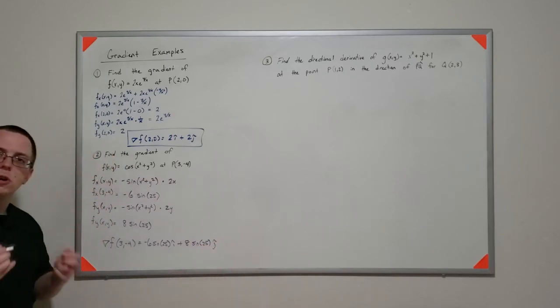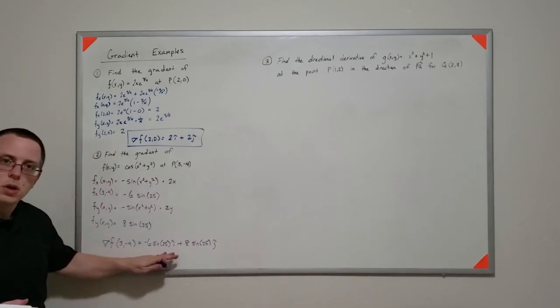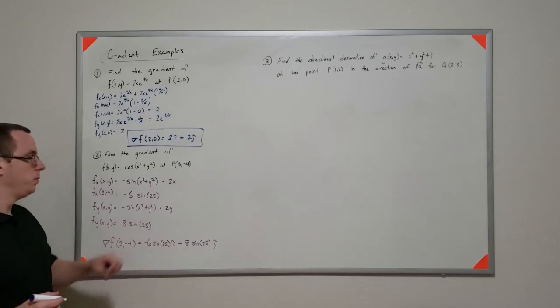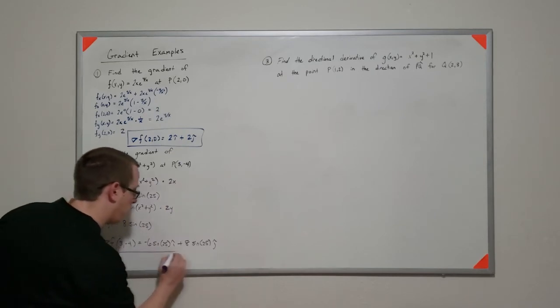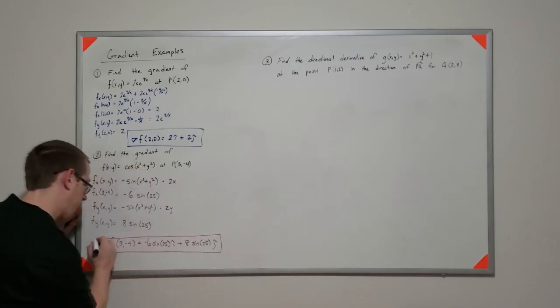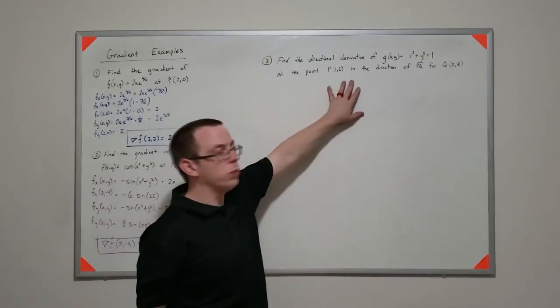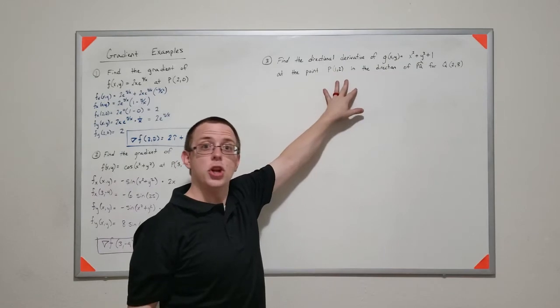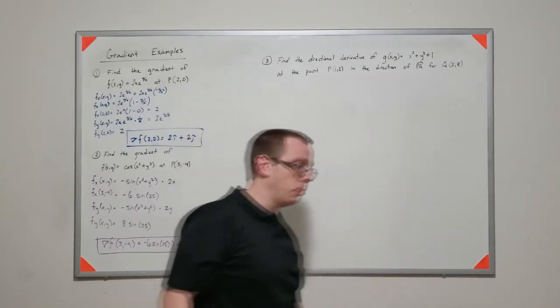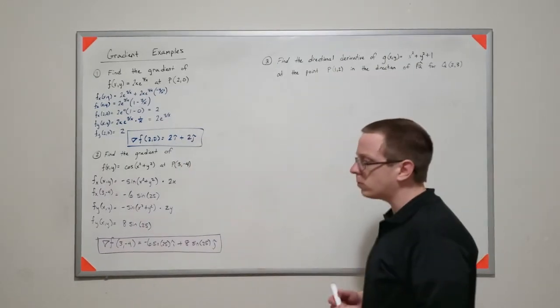Just always remember when you're computing a gradient, your result will be a vector. In both these cases, we have a vector. And I said all that because when we compute a directional derivative, that is a number, it's a scalar value, because it's a dot product.